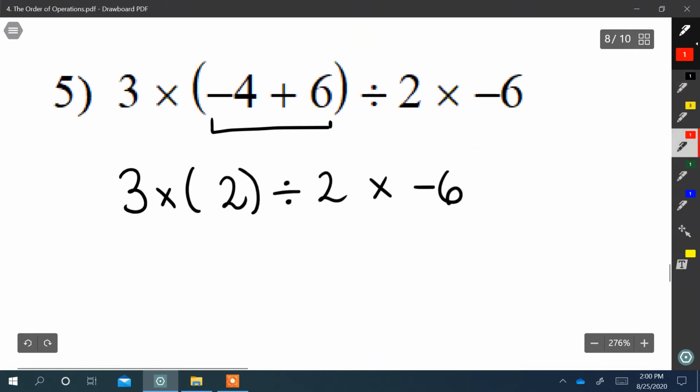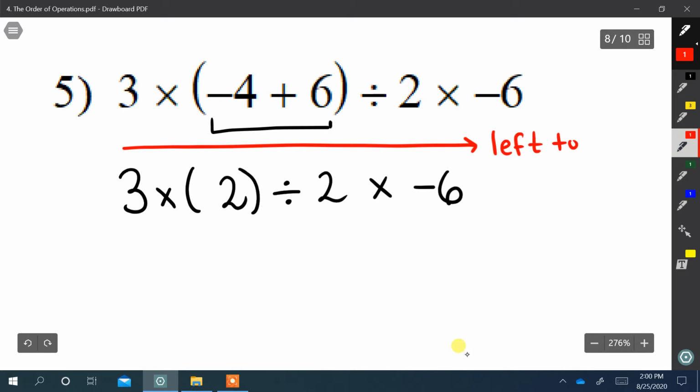Notice that I have multiplication, division, and multiplication again. Since I only have multiplication and division, I have to go from left to right all the time. So we're going to start with this one right here. 3 times 2 will be 6.